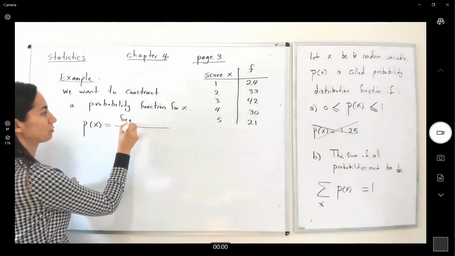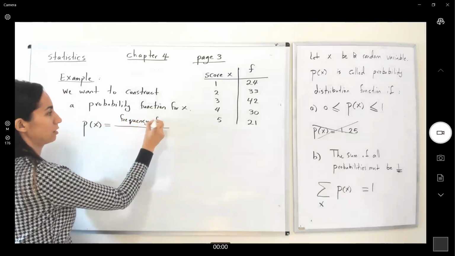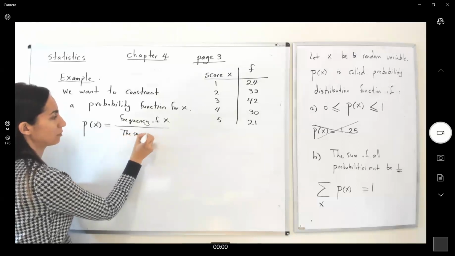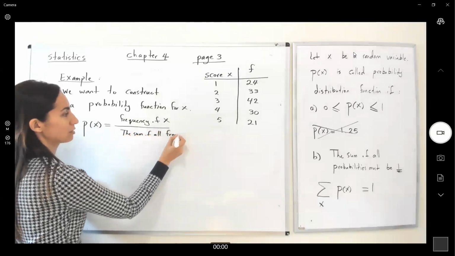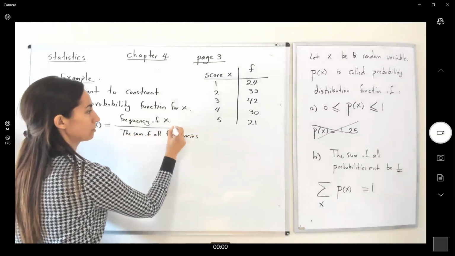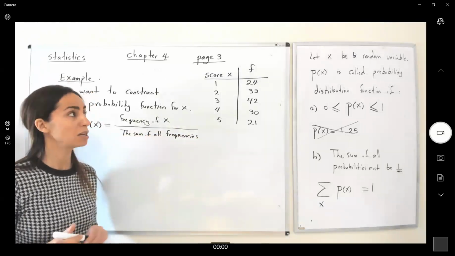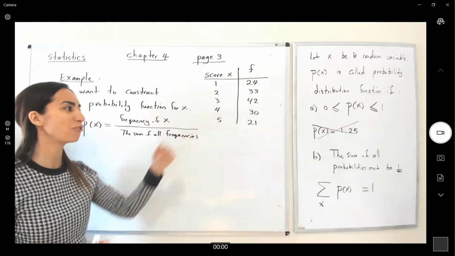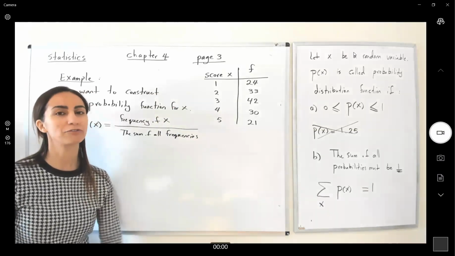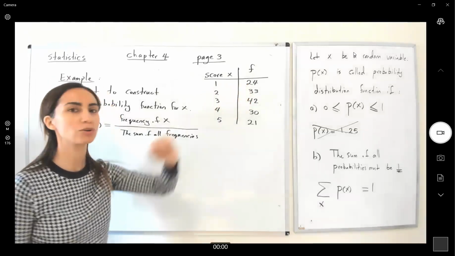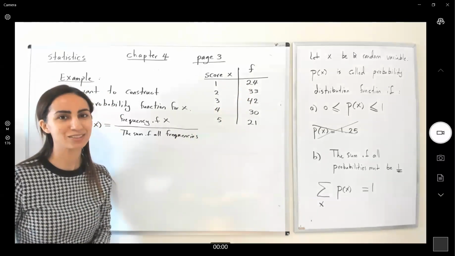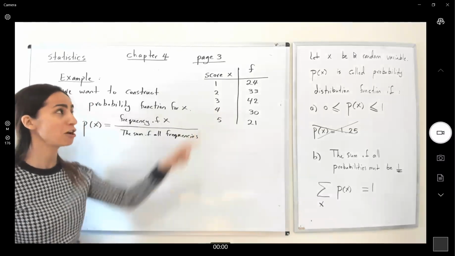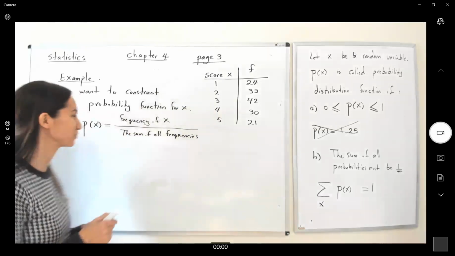So, frequency of x divided by the sum of all frequencies. How many x do you have? You have x equals to 1, x equals to 2, x equals to 3, x equals to 4, and x equals to 5. You also have the frequency or occurrence of each of those events or values. So you can form the probability function for each of these x values.